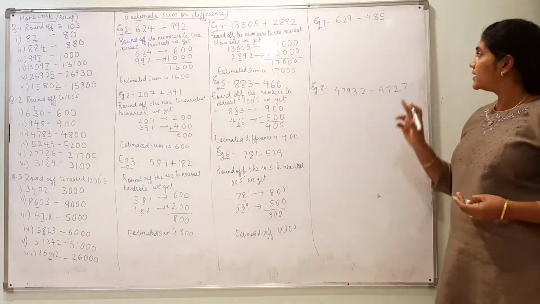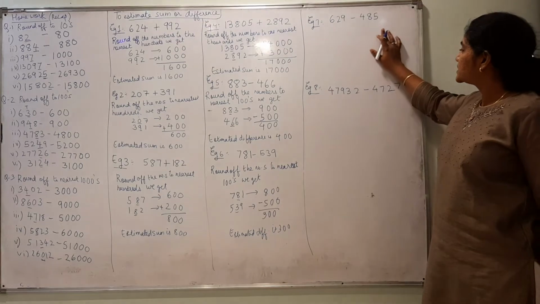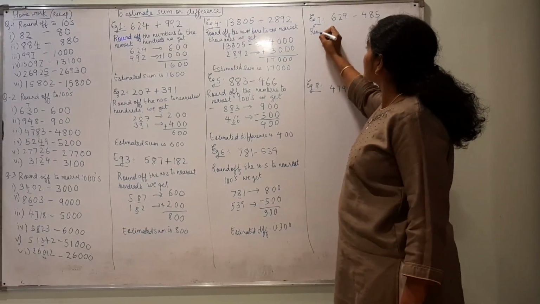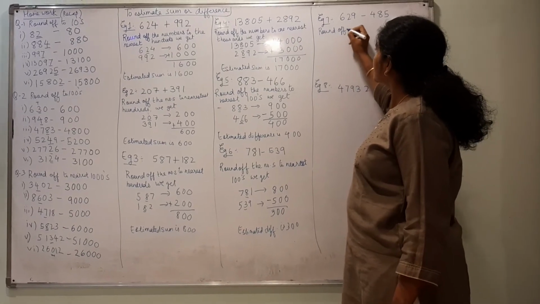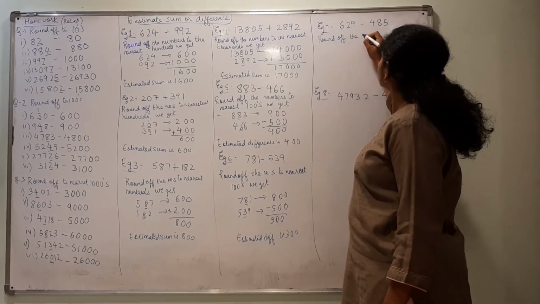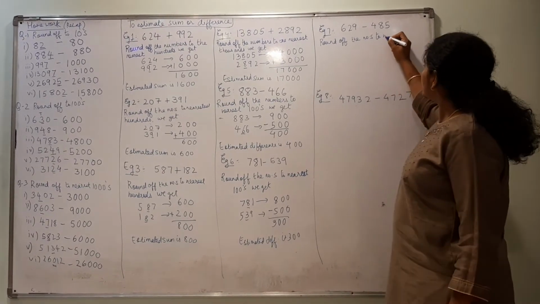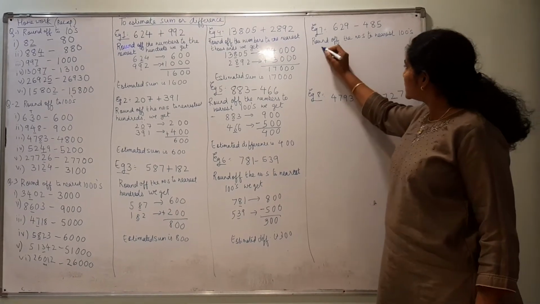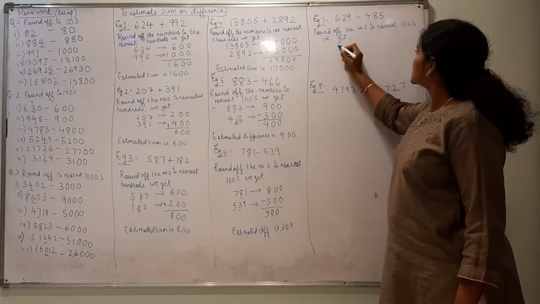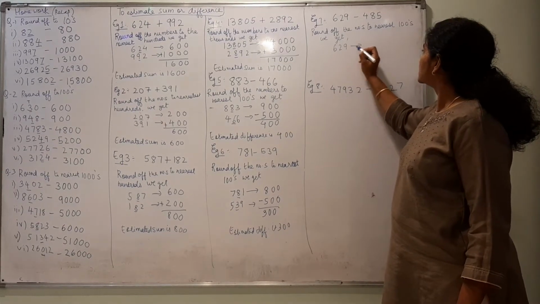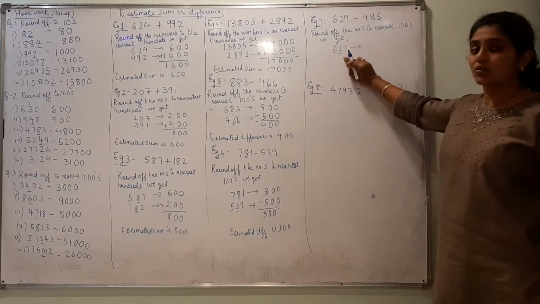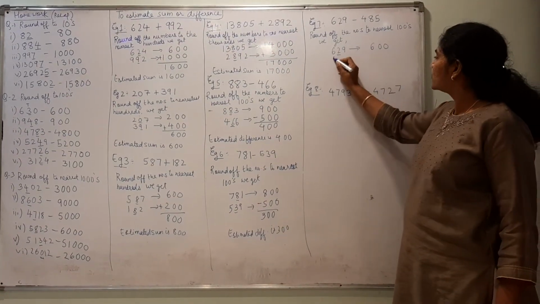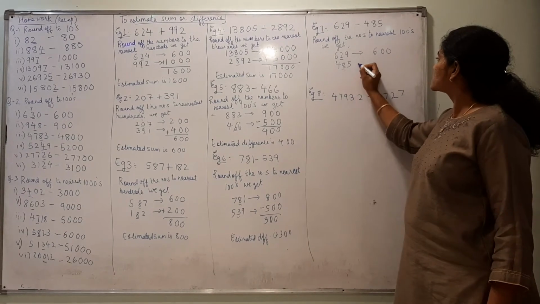Right? Similarly, the seventh one, 3 digits, round off to hundreds. So round off the numbers to the nearest hundreds, we get 629. Hundreds means look at the tens place, less than 5. I will keep as it is, 00. 485, tens place more than 5.